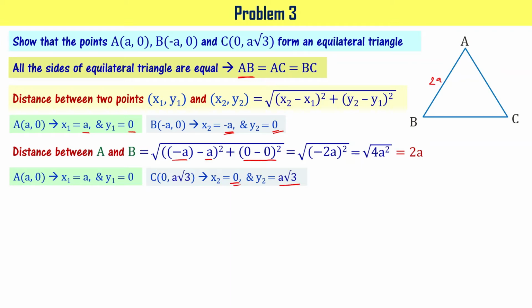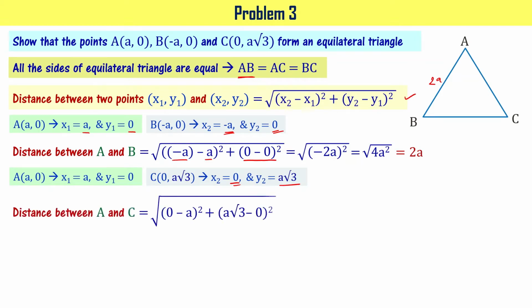Let's substitute these into the distance formula such that we can write the distance between A and C as the square root of (x2 − x1)², that is (0 − a)², plus (y2 − y1)², that is (a√3 − 0)². When you simplify it, you can write it as the square root of a² + 3a², that is equal to the square root of 4a², that is equal to 2a, right? Now we have seen that the distance between A and C is also equal to 2a, right?